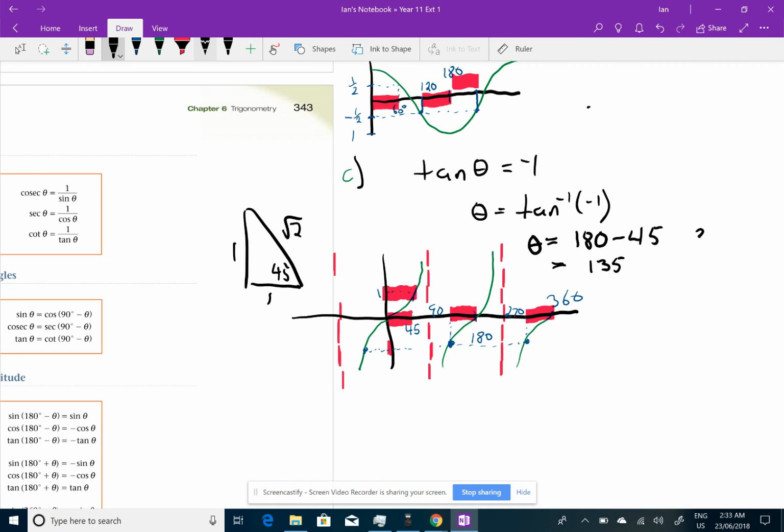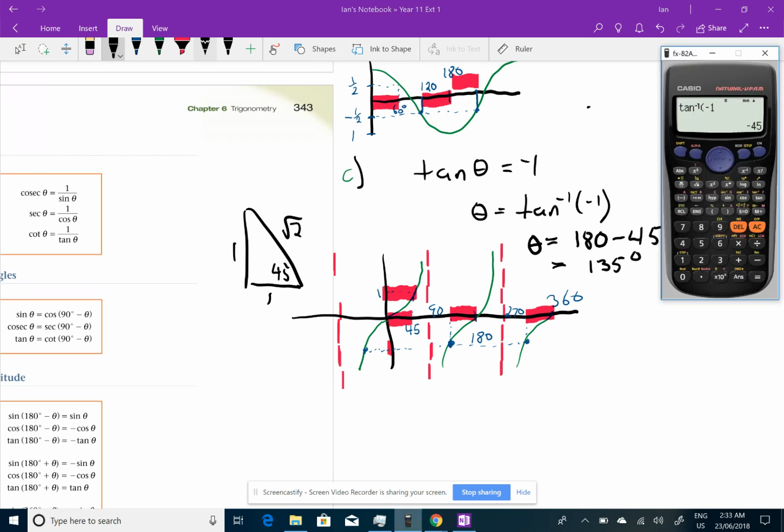So the other point is 360 minus 45, which gives us 315. And we go to our calculator and check. So let's go tan 135. We're looking for negative 1. There we go. And we go tan 315, negative 1.